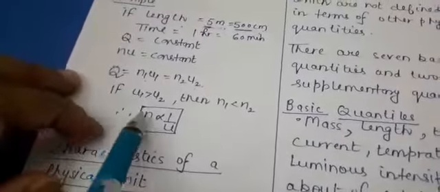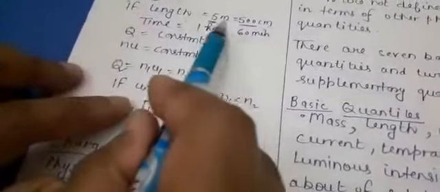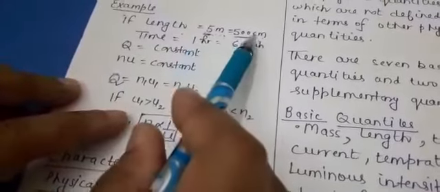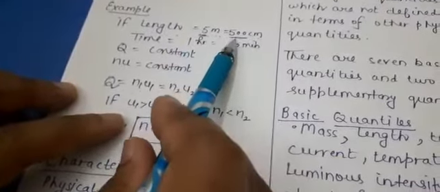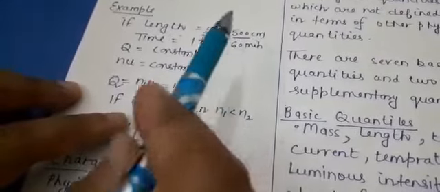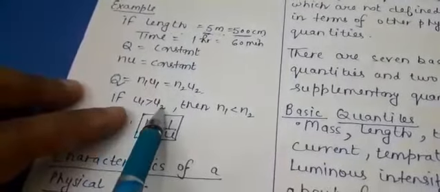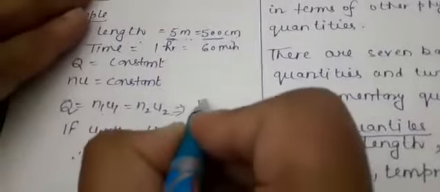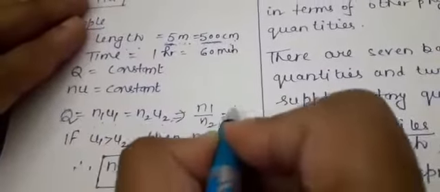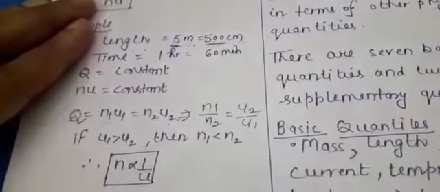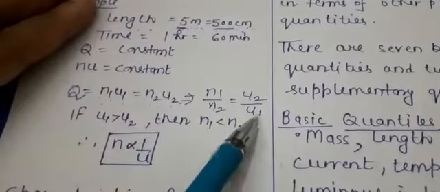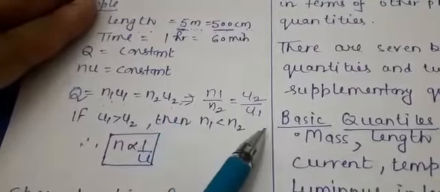So what do we conclude? You have observed from this example, if the unit is bigger, the numerical value is smaller. Here, the smaller the unit, the bigger the numerical value. So it means if U1 is greater than U2, then N1 will be less than N2. Or you can simplify it from here: N1 upon N2 equals U2 upon U1. N is inversely proportional to U. If U is big, N will be small, and vice versa.